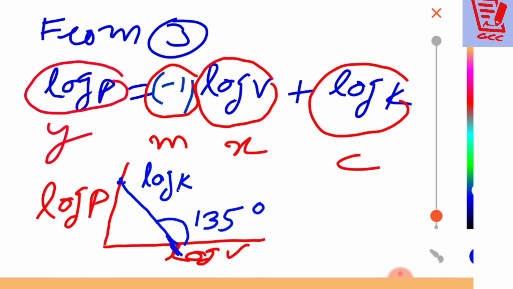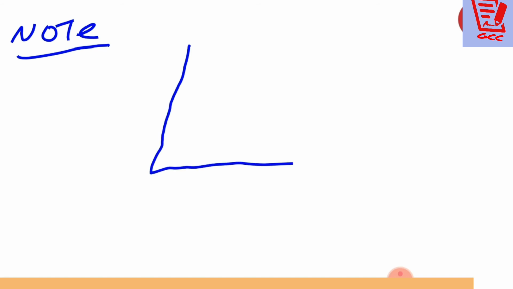Okay students, then after that beta, you make one note. In the note we are going to discuss another example. Suppose they are saying the graph is like that, there is a P and there is 1 by V, that now only we have made the graph.